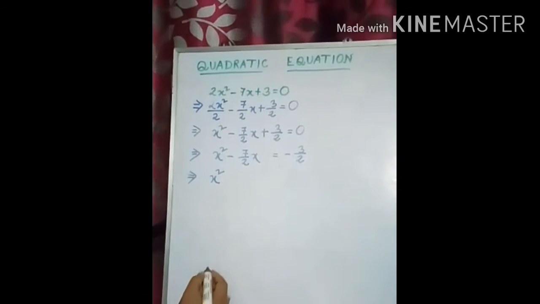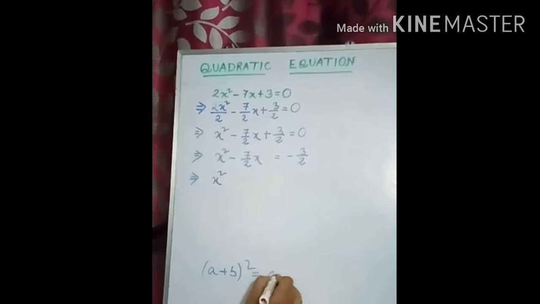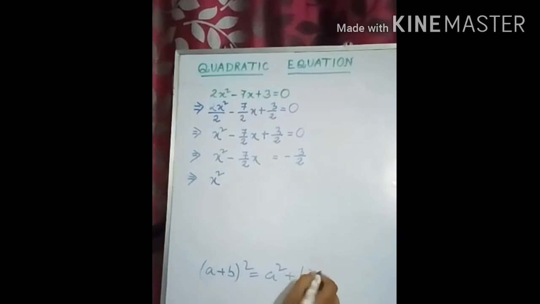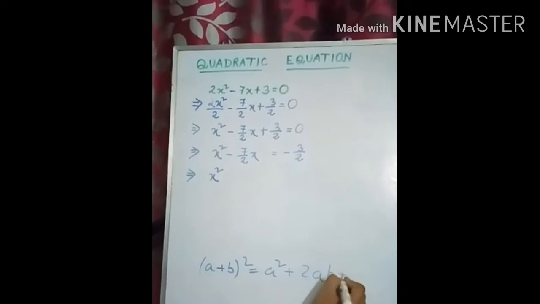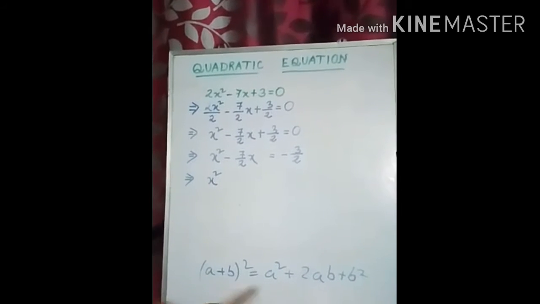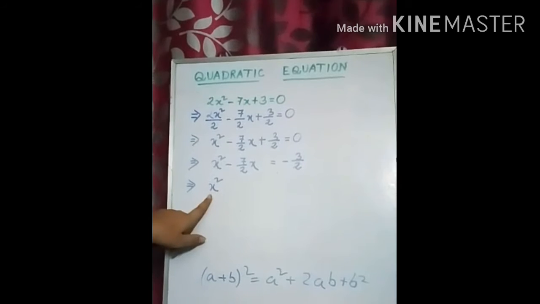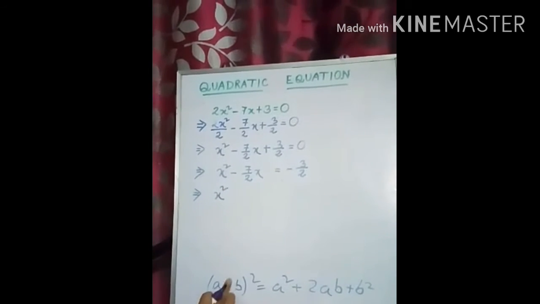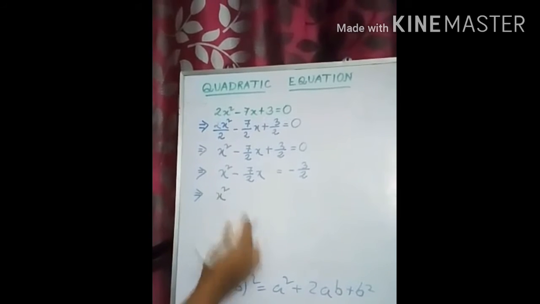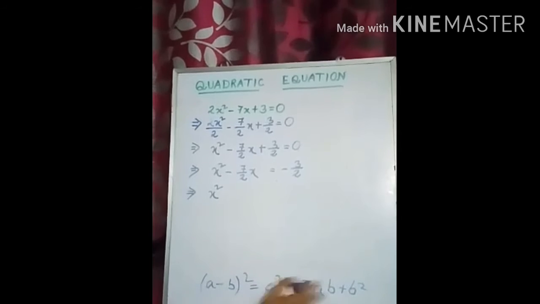In a plus b whole square, we get a square plus b square plus twice ab, and twice ab we generally write in the middle. Here a square is x square, so a is x. Then as there is a minus sign, not a plus b, we will try to get a minus b.